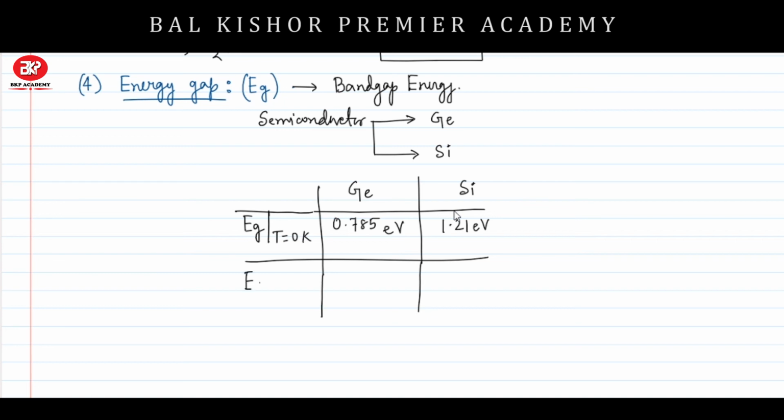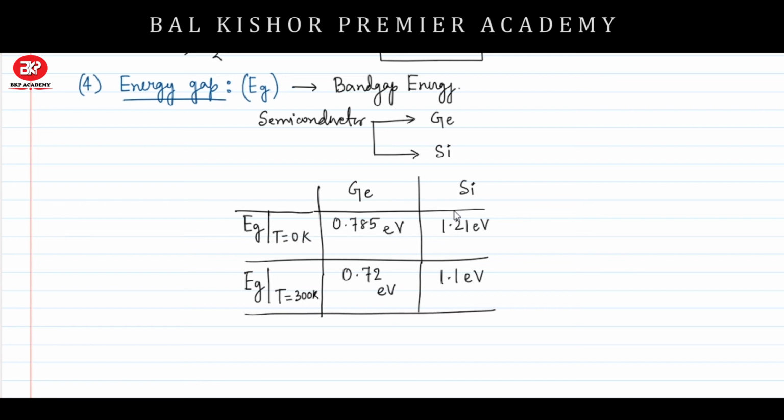Similarly, the bandgap energy at T equals 300 K will be 0.72 electron volt for germanium, and for silicon it will be 1.1 electron volt.